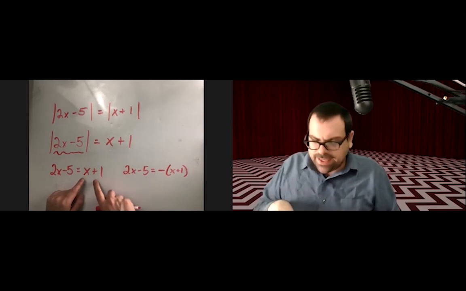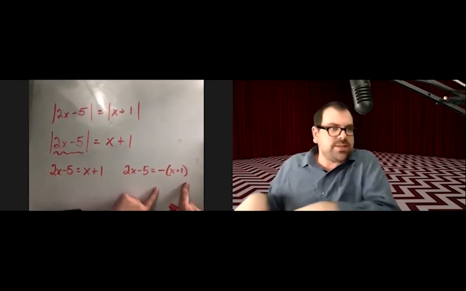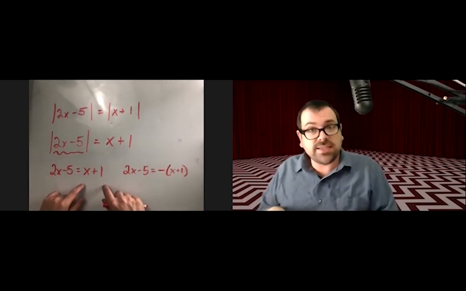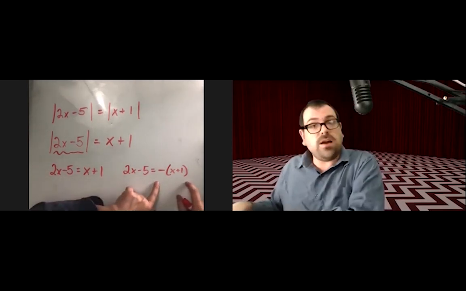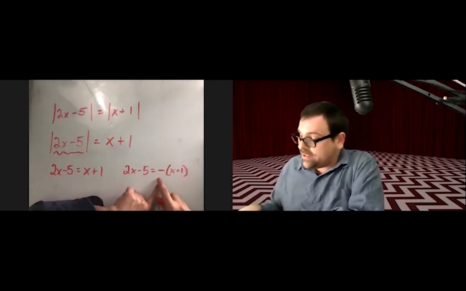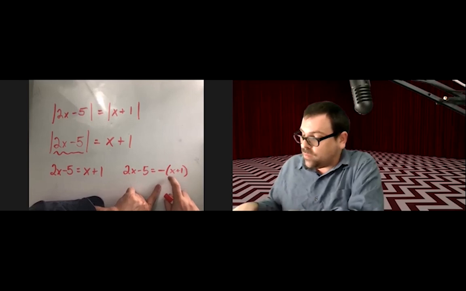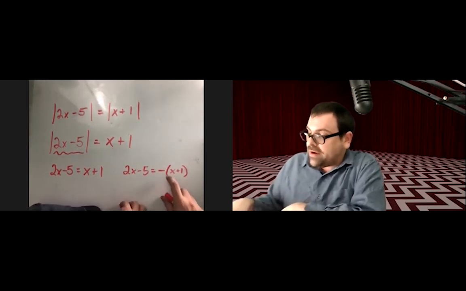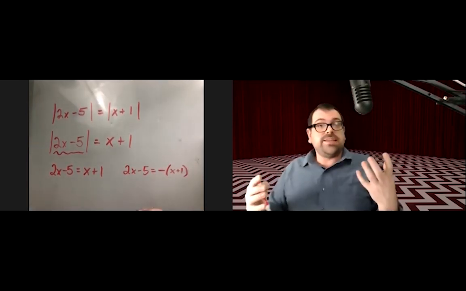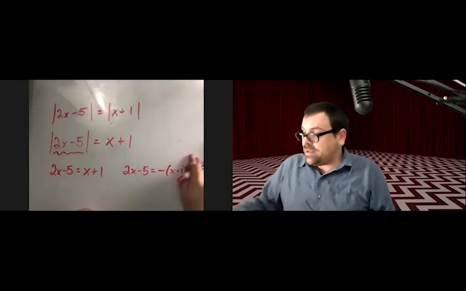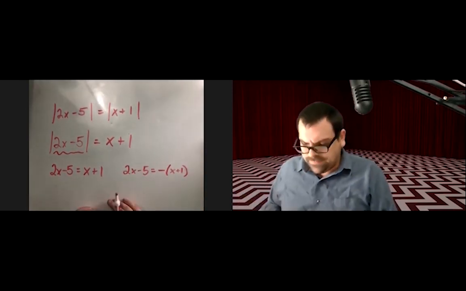So I don't want to say x plus 1 and negative x plus 1. I'm going to start saying x plus 1 and the opposite of x plus 1, because that is how this is properly read. And thinking about it that way makes a lot of things make sense, as opposed to thinking about it as a negative.